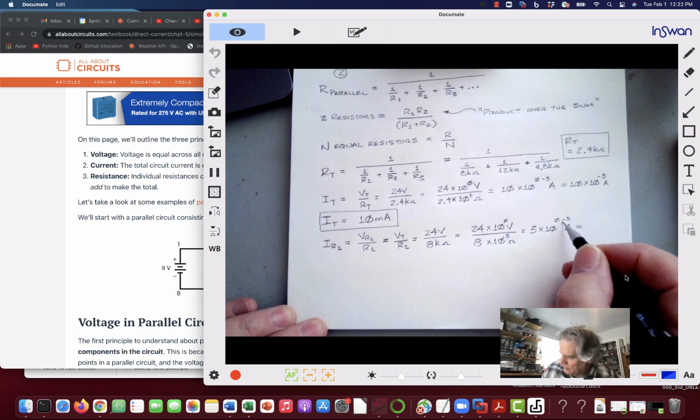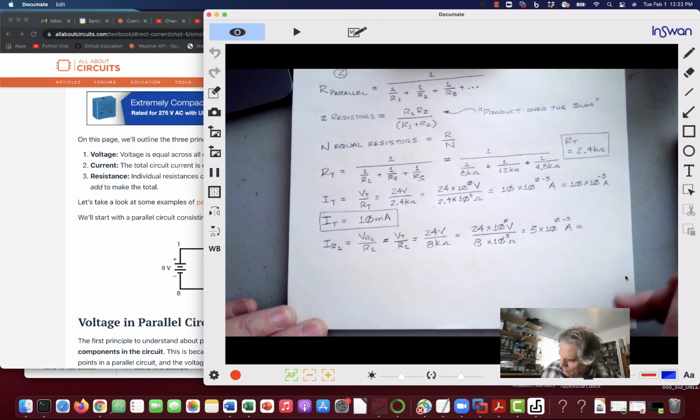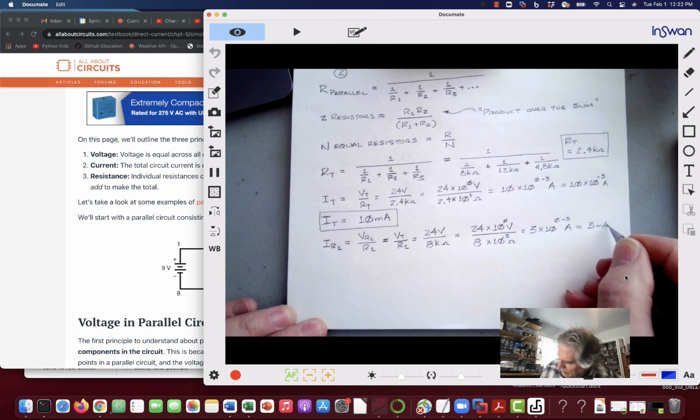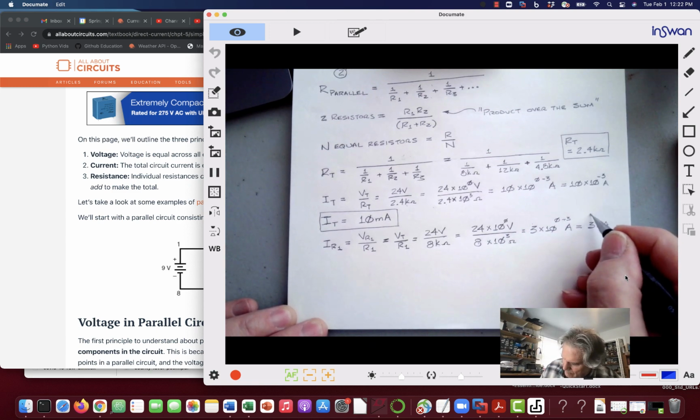So this is 10 to the minus third amperes, which is milliamperes. So the answer here is 3 milliamperes. And that's IR1.